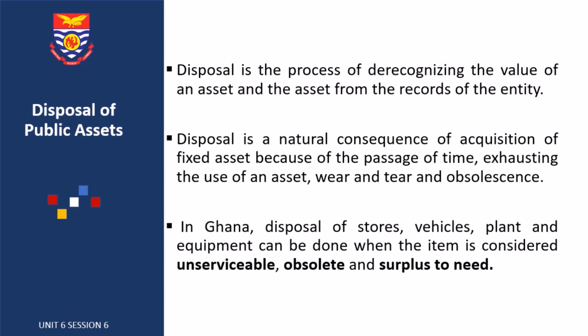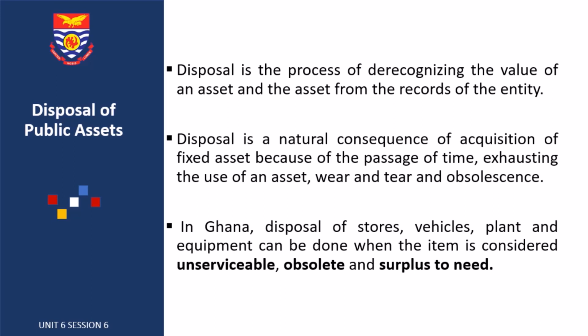So when we say something is unserviceable, we are saying that particular asset cannot be used for its intended purposes in its present condition due to major defect or damage, right? And an asset becomes obsolete if it is no more capable of meeting the demands of current development, or it is incompatible with current demand, right?